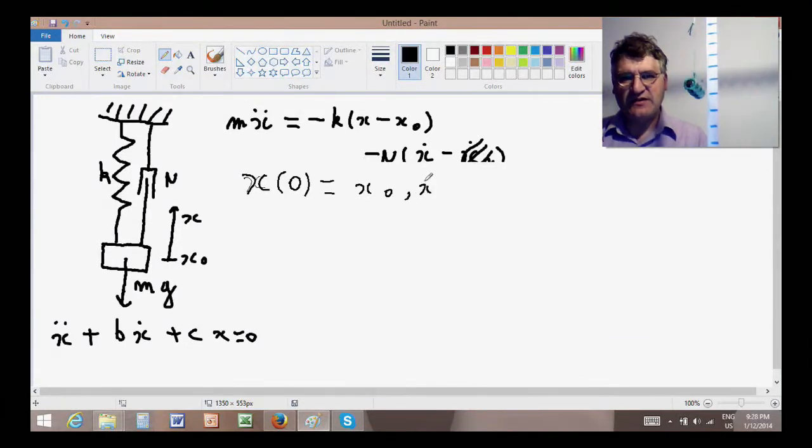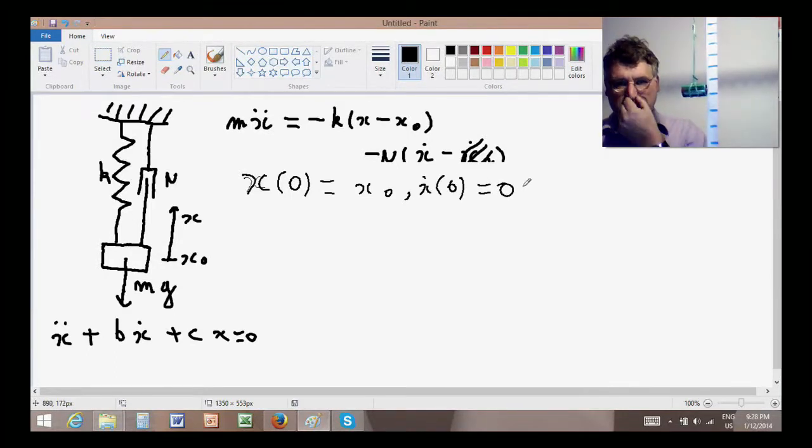So x dot of 0 is equal to 0. Under these conditions, I am left to solve the same differential equation as what we have seen before. And things go as follows.